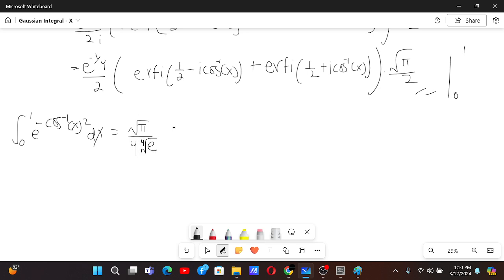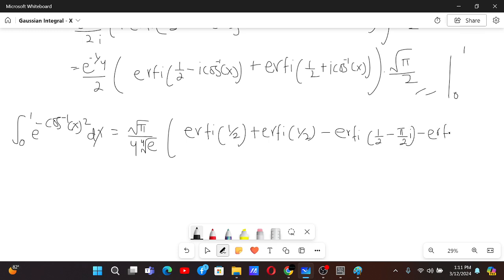And then this is at 1, cos inverse 1 is 0, so this is erfi of 1 by 2, and this is also erfi of 1 by 2, because cos inverse 1 is 0, minus at 0 cos inverse 0 is pi by 2, so erfi of 1 by 2 minus pi by 2i minus erfi of 1 by 2 plus pi by 2i.